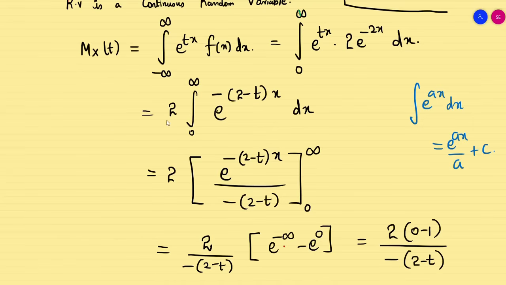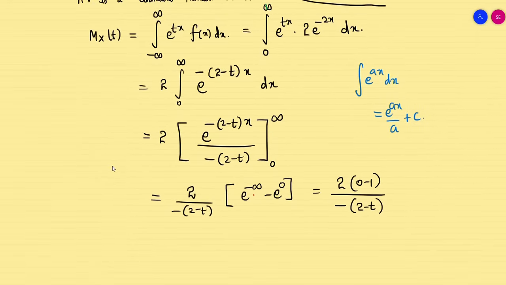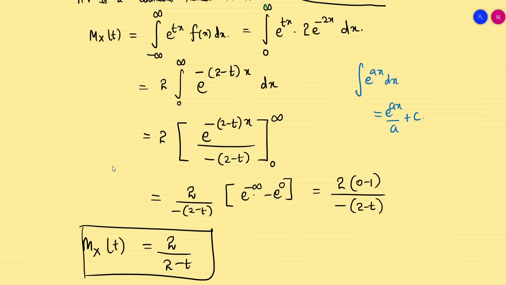So now finally I found the moment generating function, guys. My Mx of t is 2 divided by 2 minus t. Done, guys. So 2 divided by 2 minus t is my moment generating function.